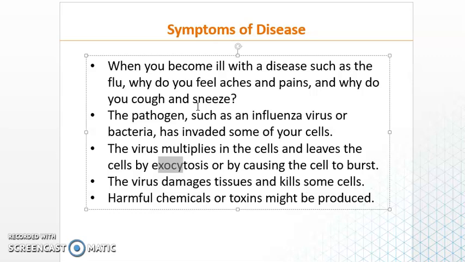So what will happen for the symptoms to appear? The pathogen enters the body and it has many ways to affect the body. Maybe it will attack the cells from outside and damage and kill these cells. Here you will feel the symptoms. Or it will enter the cell, reproduce inside, and then when it's leaving the cell, it causes the cell to be damaged, and here you will feel the symptoms.